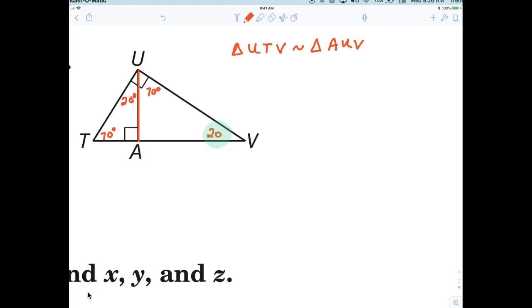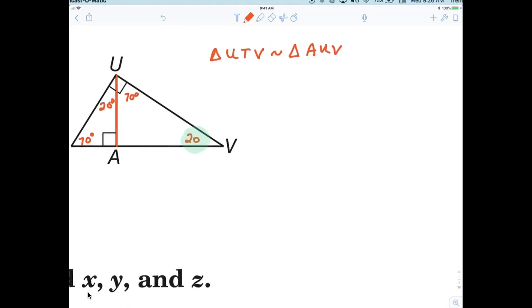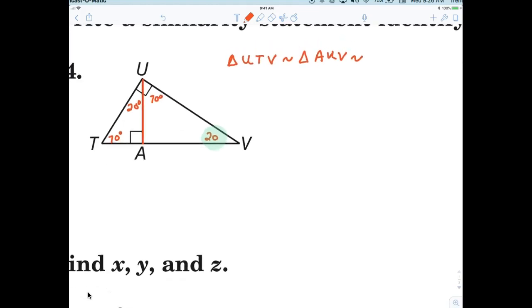All right? Now, it's similar. Now we have to do the small one. All right? What letter are we going to start with? A, and then T, and then U. I think that's really simple. All right. Does everybody understand how writing the angles is very helpful?